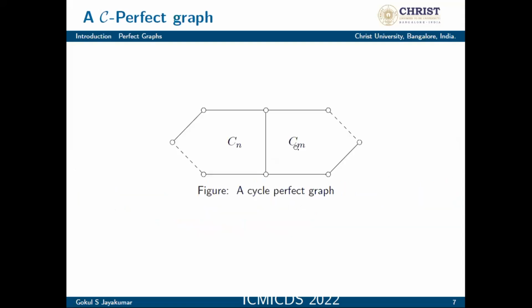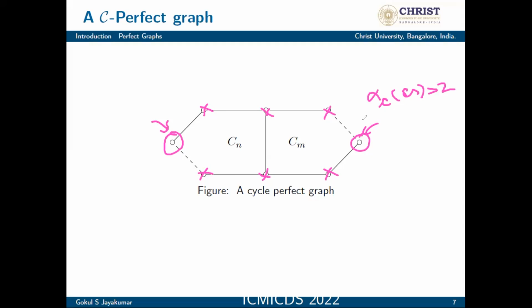This is an example of a cycle perfect graph. Considering any vertex of degree 2 from the cycle Cn, if we consider one vertex from Cn, we won't be able to consider any other vertex from Cn because they share an induced cycle with Cn. The next vertex that can be considered is the degree 2 vertex from Cm, making alpha C of G equal to 2.